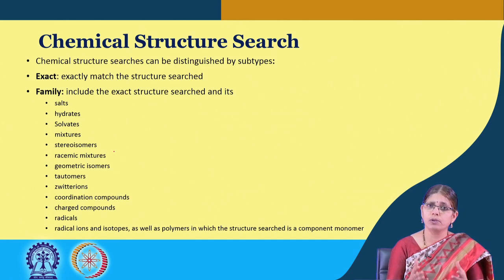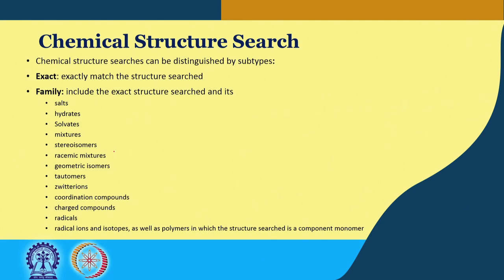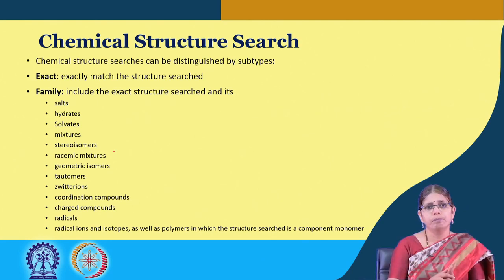So, if I have a structure of a compound, I can just put it against a particular database and look for whether this is available in relation to that particular invention. So, what can you actually search for? You can search for all the different forms of that particular chemical structure.